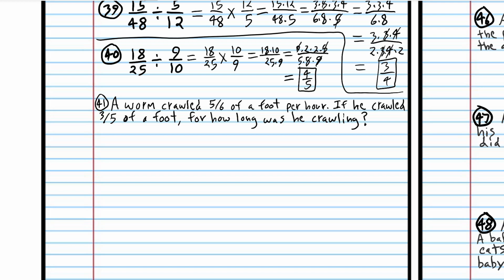So a worm crawled 5/6 of a foot per hour. If he crawled 3/5 of a foot, for how long was he crawling? So, like I said, applying division problems to the real world starts to become really weird, because the application is not exactly obvious.